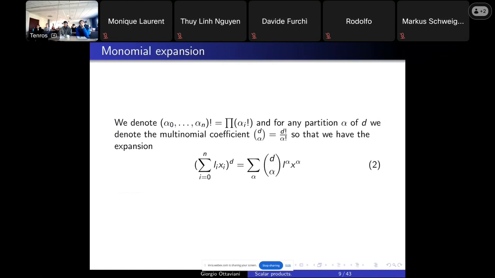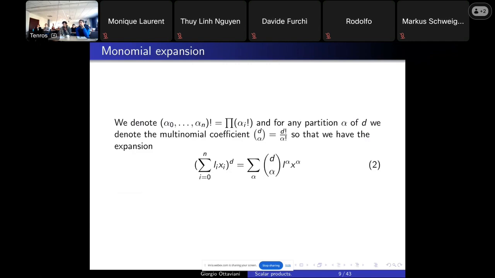Now I'm choosing that the dimension of V is n plus 1. Do you choose the coefficient to be d factorial over alpha factorial, maybe? No, it's correct. This is the multinomial coefficient.